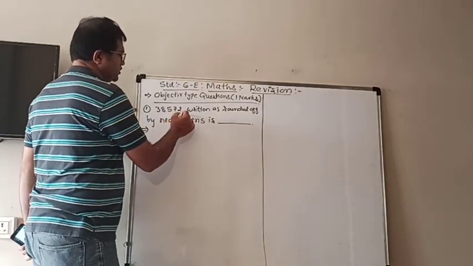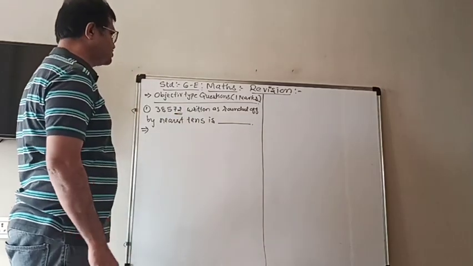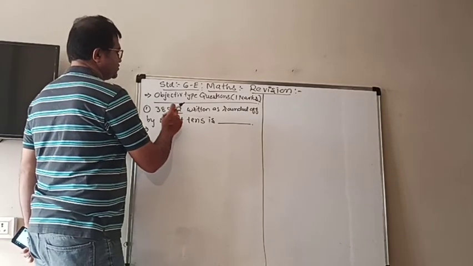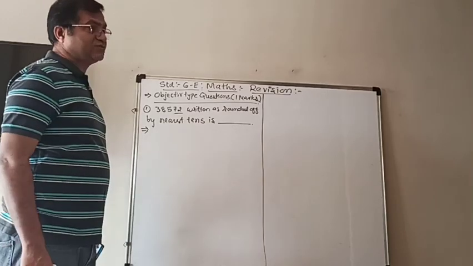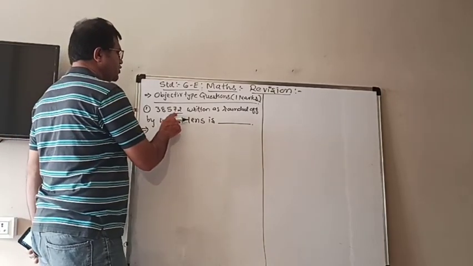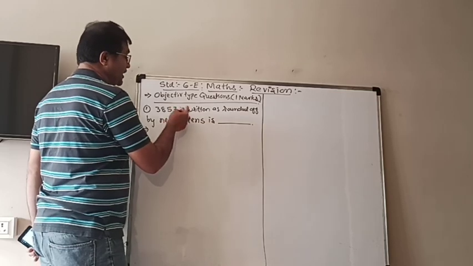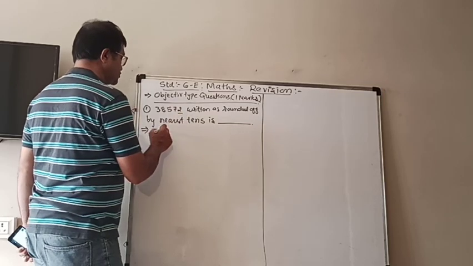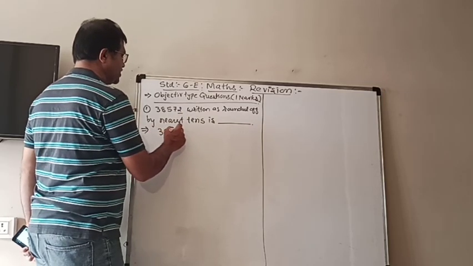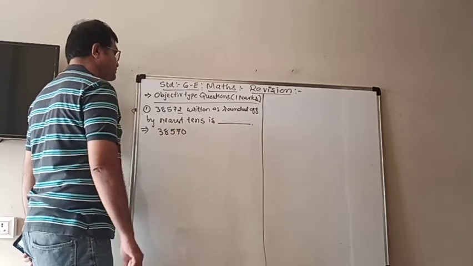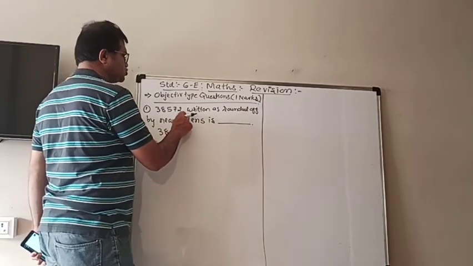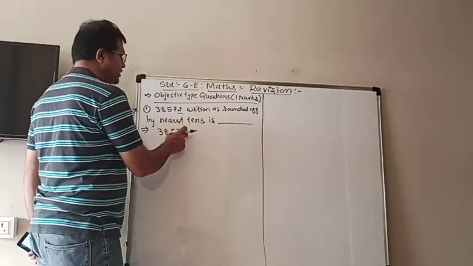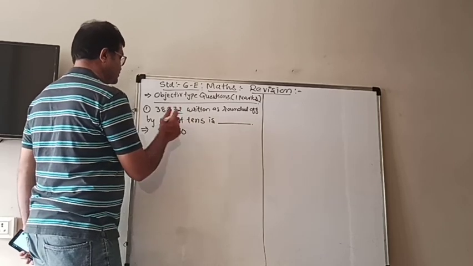For the nearest tens, you have to check the last 2 digits, especially the digit in the tens place. If it is 5 or more than 5, then 1 is added, otherwise put 0. So here the answer will be 38570, because the last digit is 2, which is less than 5. If it is greater than 5, you have to write down 38580, but here it is less than 5.